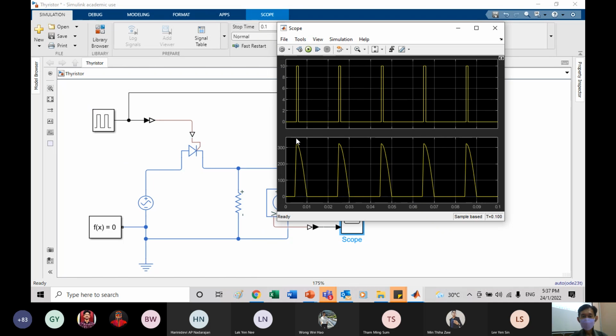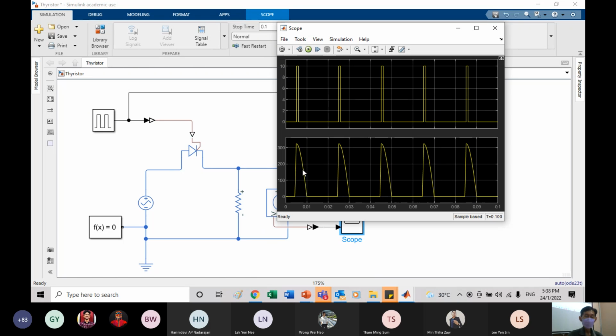You see, you chop off exactly half. But if you only apply this pulse, the rest is 0, right? This all will be turned off. It won't turn on.